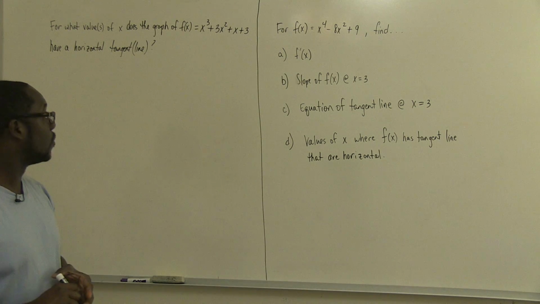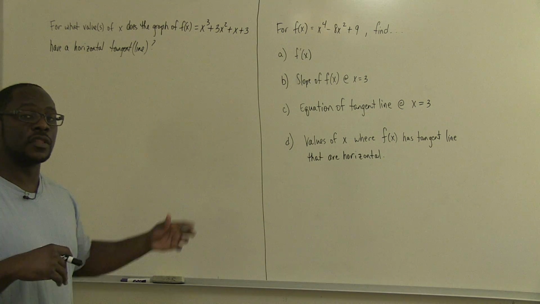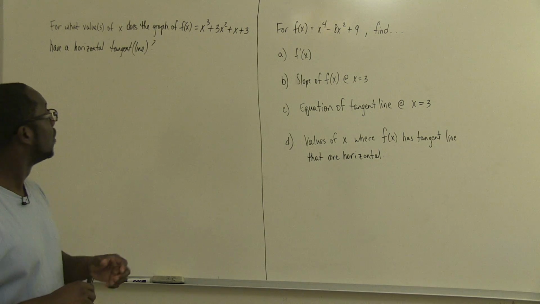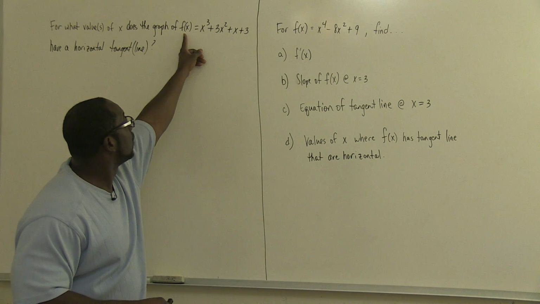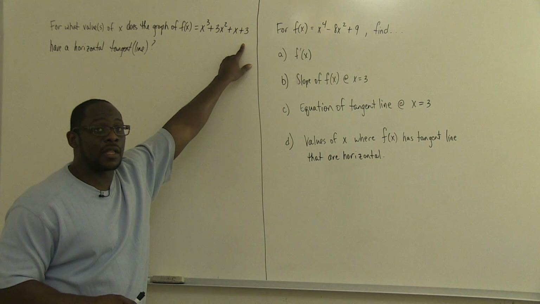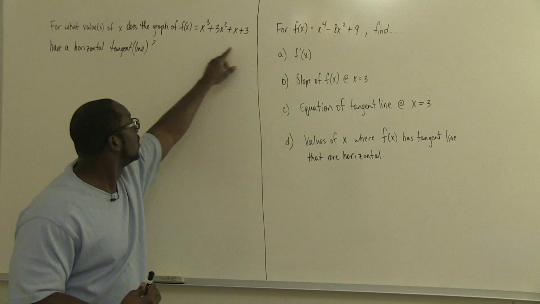Okay. So before we even get into doing the computational stuff for this, let's just think about this for a second. We know that we have a function here that is a polynomial, and the polynomial is of degree 3, so that looks like a cubic function.